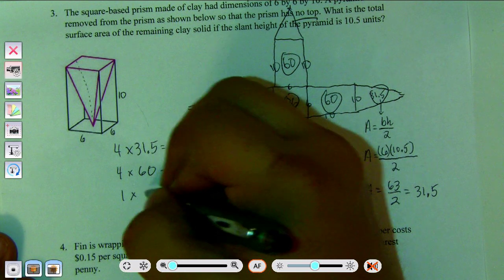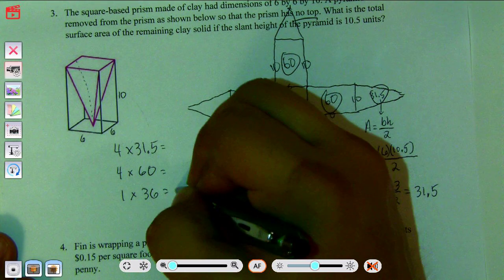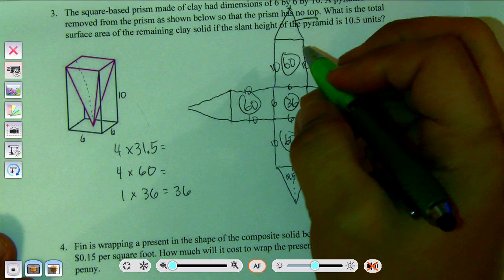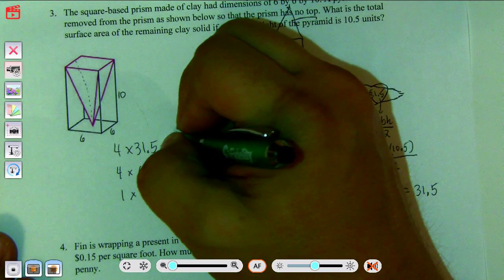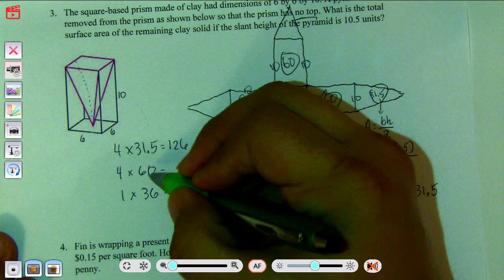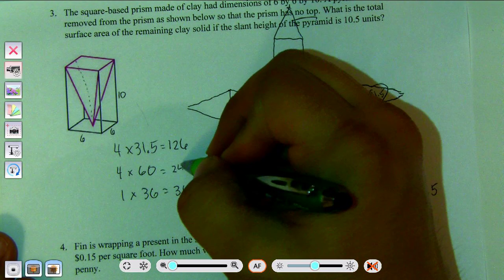And then there's the 136. So we could even, just for formatting, put it like this. So 4 times 31.5 is 126. 4 times 60 is 240.